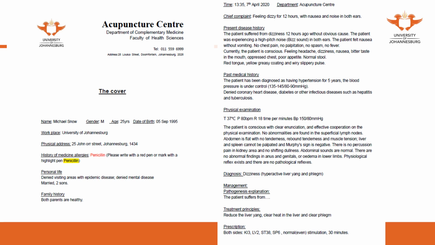So we need to write the time on the second page, the dates, department. Chief complaint we have introduced in the inquiry protocol. The present disease history we also have discussed there. The past disease history, the past medical history. If a patient presents with another problem or some important disease you want to exclude, in this case, you will write it here.